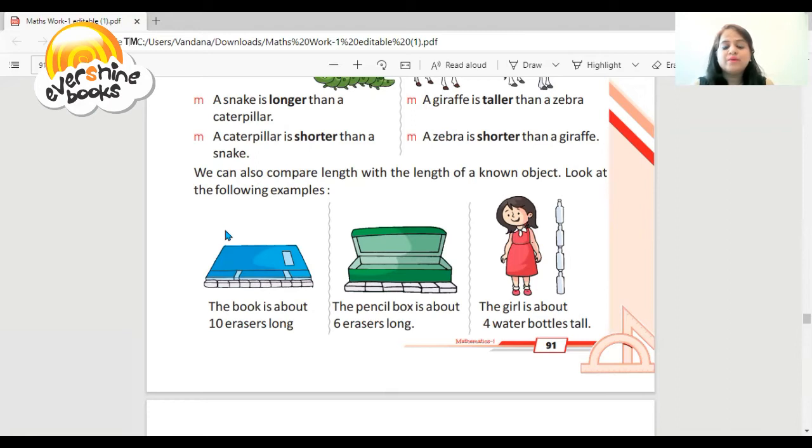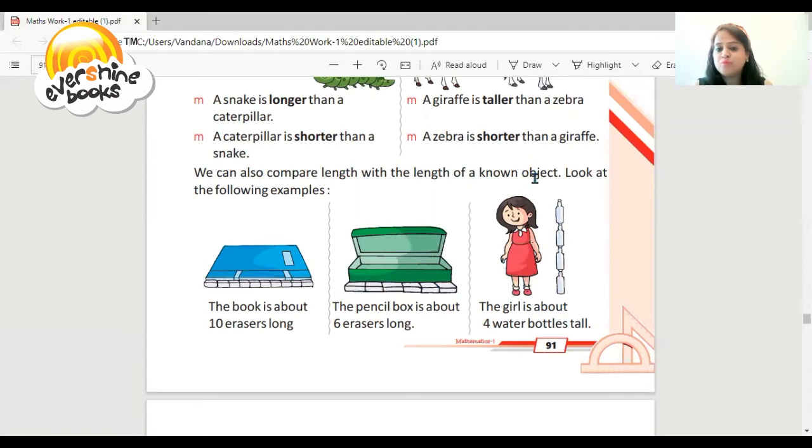Now, coming to this example, this is your pencil box, and how many erasers are there? We have put 6 erasers: 1, 2, 3, 4, 5, 6. So, the pencil box is about 6 erasers long. Now, this is a girl, and the girl is about 4 water bottles tall. 1, 2, 3, 4.